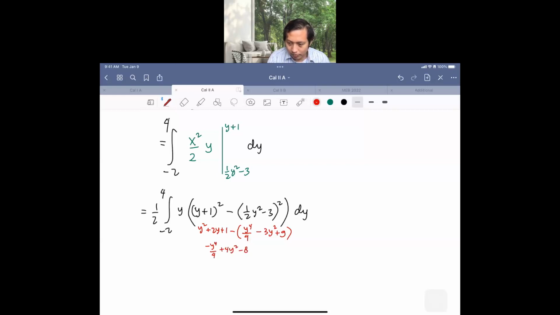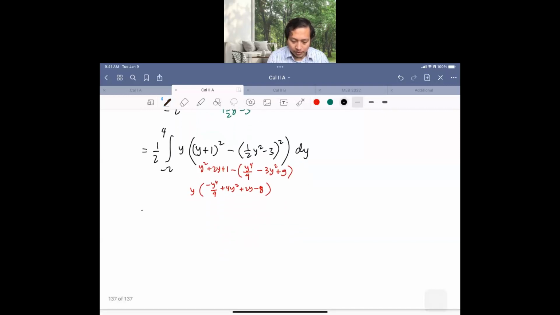Oh, sorry, plus 2y first, plus 2y minus 8. Okay, and then multiply with y. Let me write first. This will be negative y to the 4 over 4 plus y cubed plus 2y squared minus 8y, and then integrate with dy.